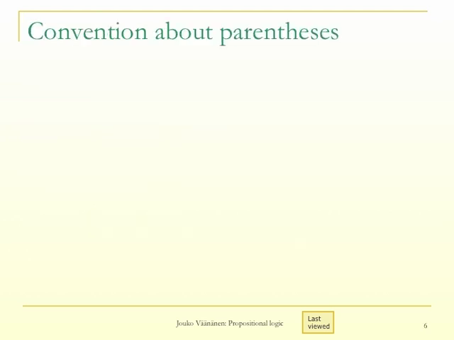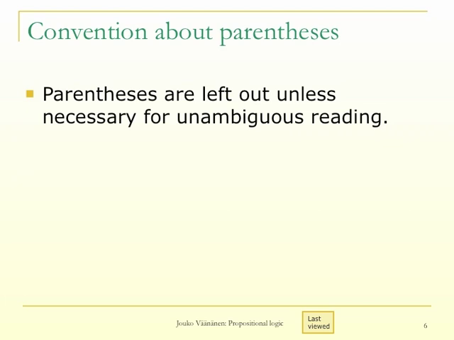However, some parentheses are unnecessary. The definition of propositional formulas produces more parentheses than is in practice necessary. Therefore, we make the following convention about parentheses. Parentheses are left out unless necessary for unambiguous reading.